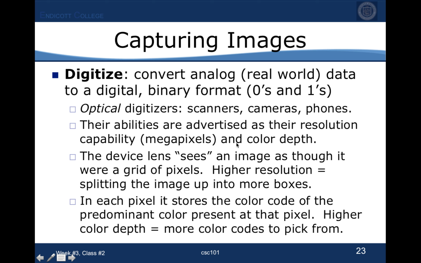There's 10 million pixels and 16 million colors, and in an instant, it chops up what it's looking at into 10 million boxes, and in every one of those boxes, it decides between the 16 million colors, or however many it might have, and it says, oh, that's a box that's color code 010011100011, whatever, and that's stored in that box.